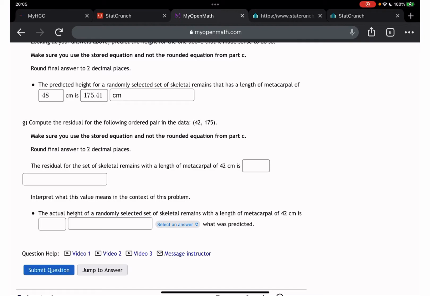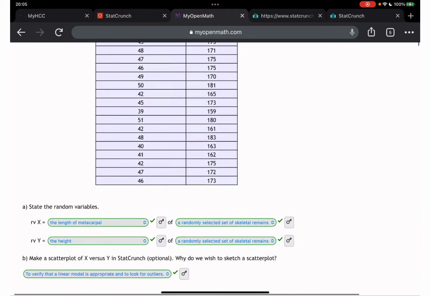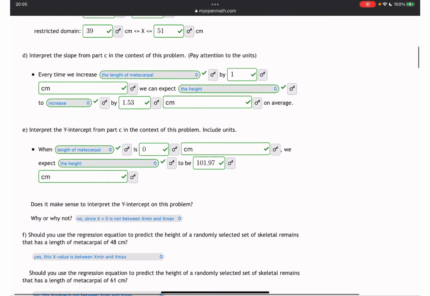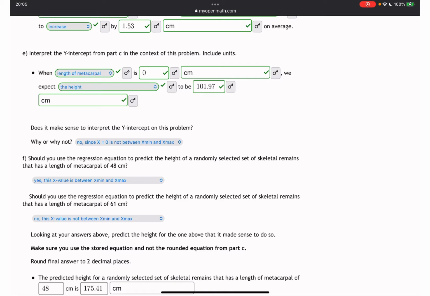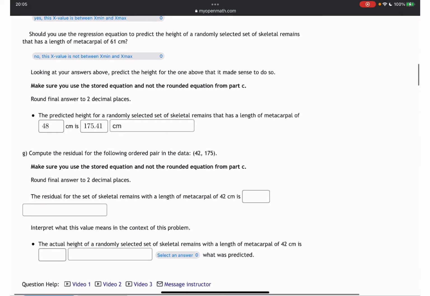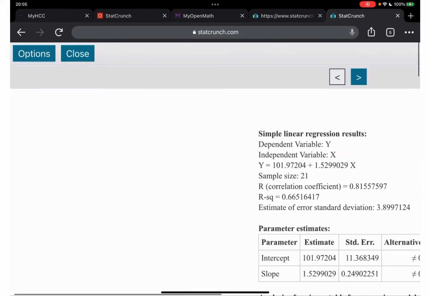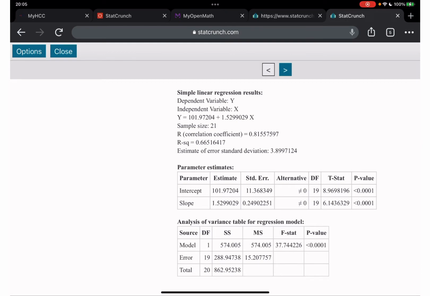Compute the residual for the following ordered pair, 42, 175. Here we have 42. Where is it? Here, 42 and 175, the third row from the bottom. This is what we're going to do to find the residual. We are going to open our StatCrunch. All right. Click Options on the top left corner.